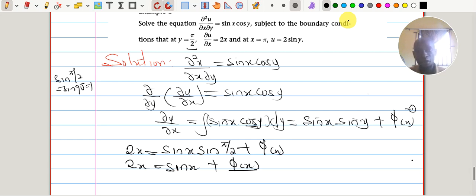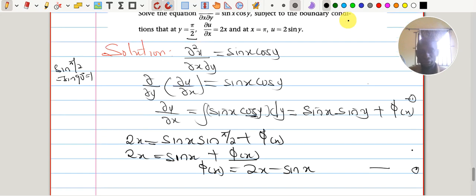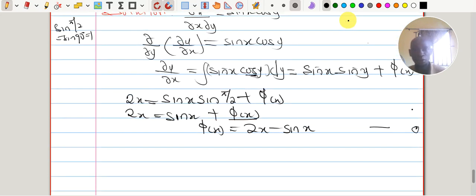Let me make this one a separate formula. This gives me phi of x equal to 2x minus sine x. Let me call this equation 2 here. Now we can substitute this value into equation 1.